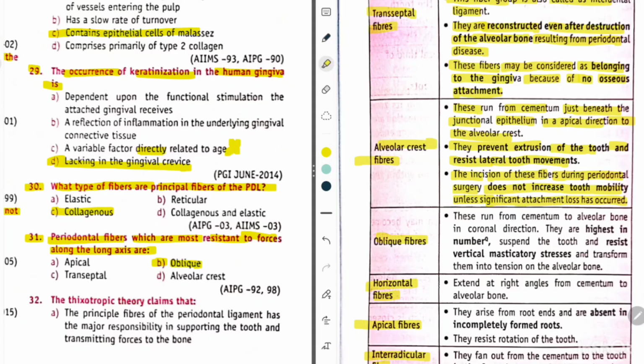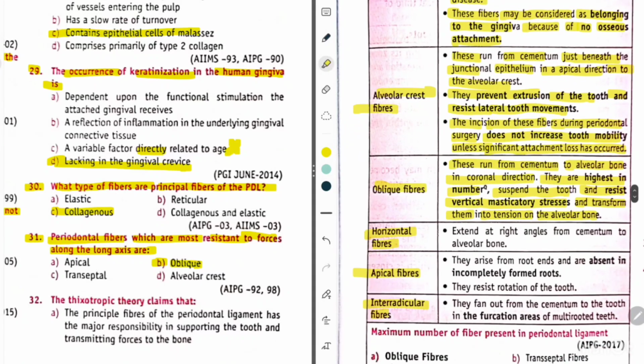Oblique fibers, they run from cementum to alveolar bone in coronal direction. They are highest in number, suspend the tooth and resist vertical masticatory stresses and transform them into tension on the alveolar bone.